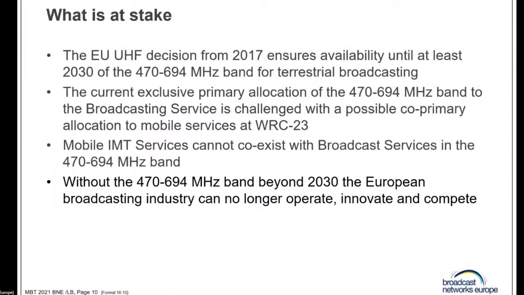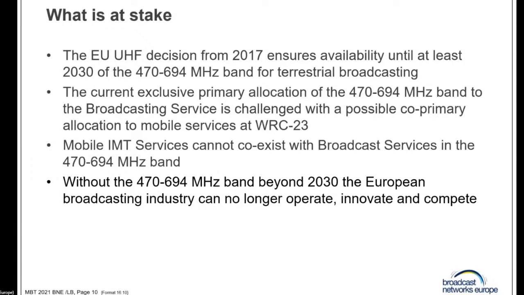So what's at stake now? For us, in the broadcast industry, the UHF decision from 2017 ensures the availability until at least 2030 of the sub-700 megahertz band for terrestrial broadcasting.